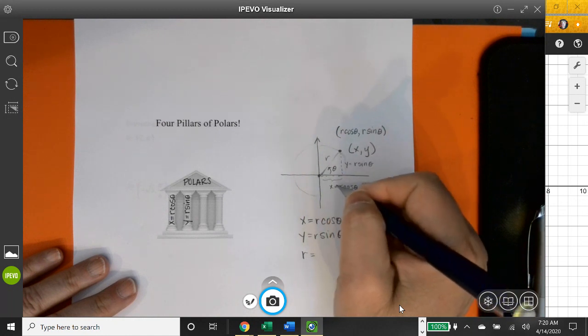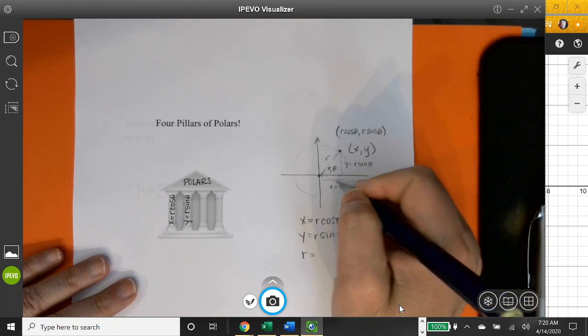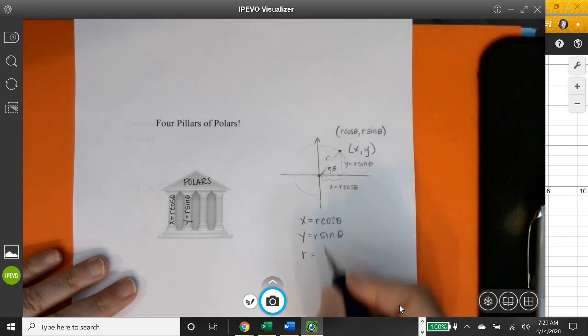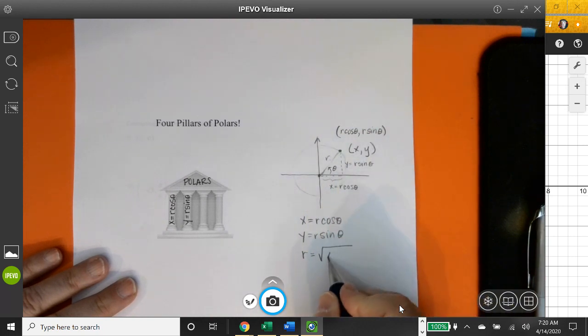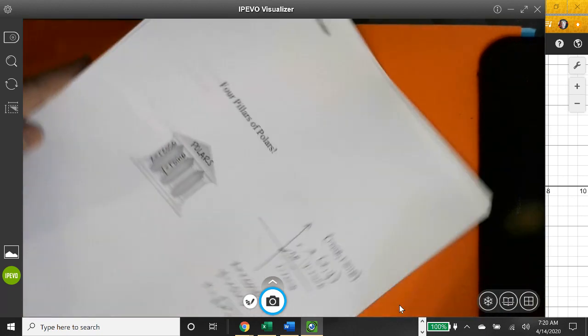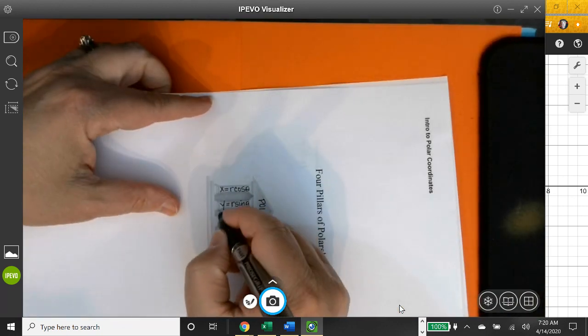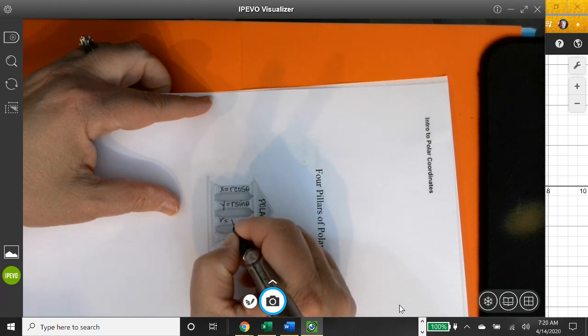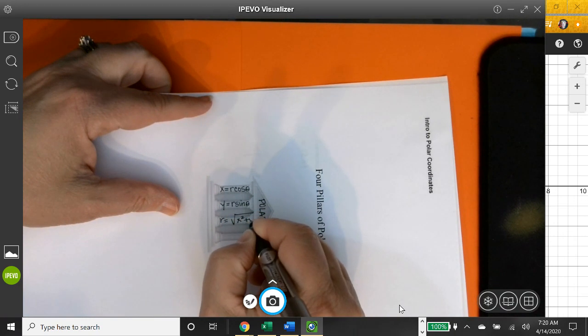And I can just use good old-fashioned Pythagoras and say that x squared plus y squared equals r squared. So r is equal to the square root of x squared plus y squared. Okay? So that's the third pillar of polars.